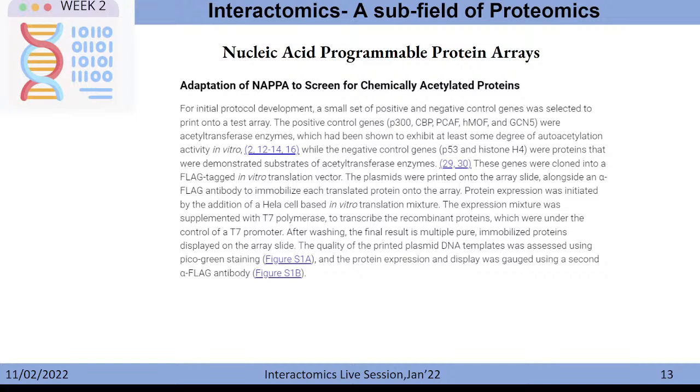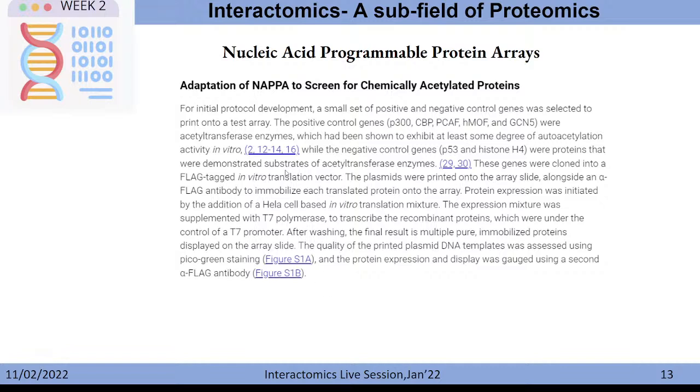So with the genes they have taken P300, CBP, PCAF, HMO, GCN5. These are just your positive control genes which are known to cause autoacetylation without using the enzymes, and some of the positive substrates of those enzymes like P53 and H4 were also taken.